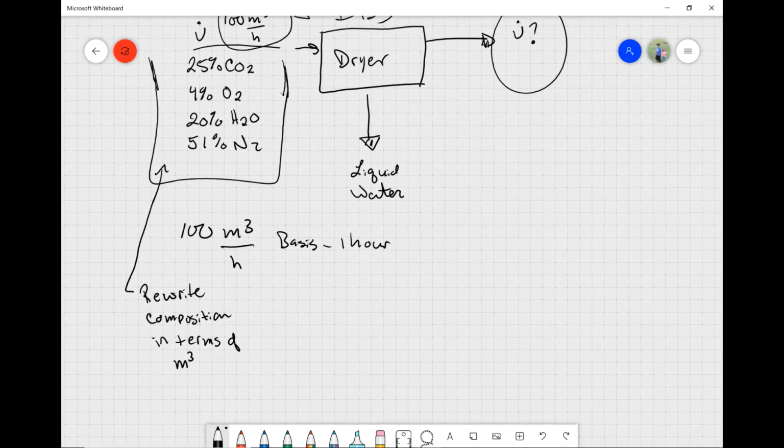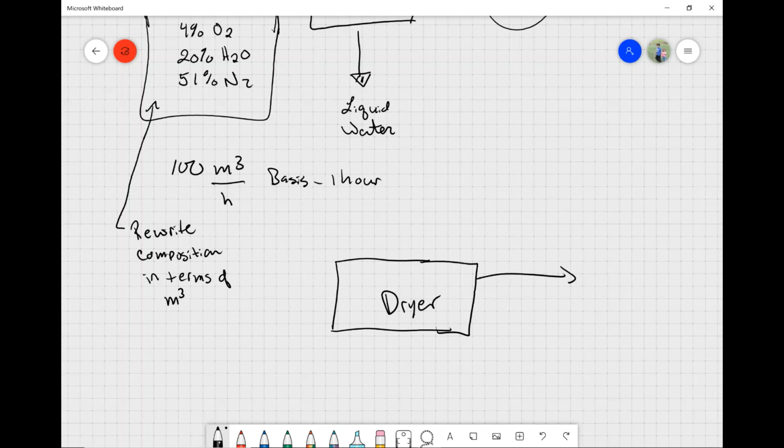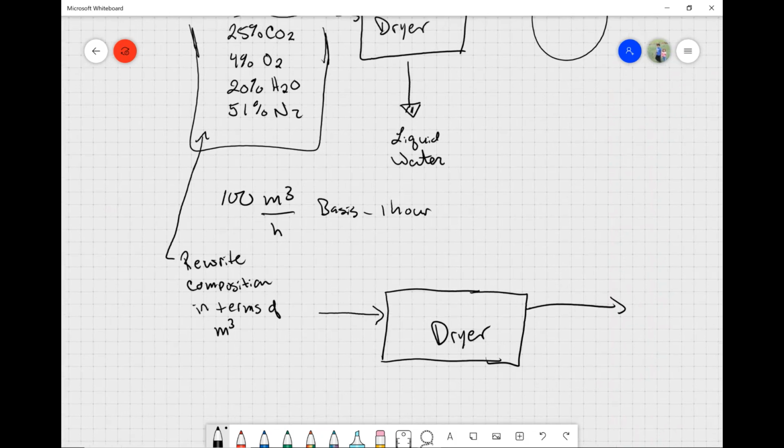So I'm going to redraw it. You don't have to redraw it, but I got a little messy up here, and that's going to be our output. Our input is 100 meters cubed per hour.